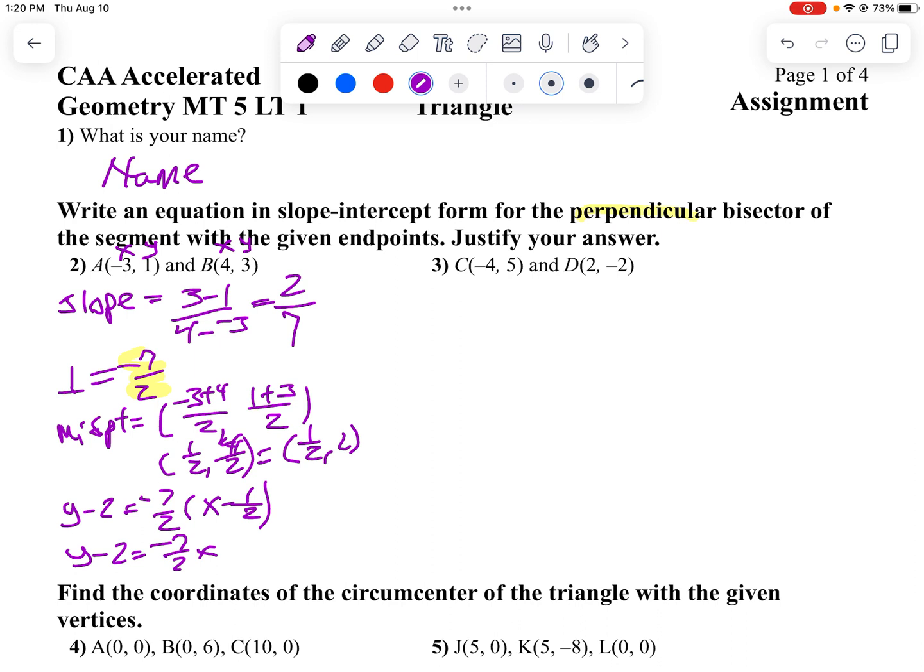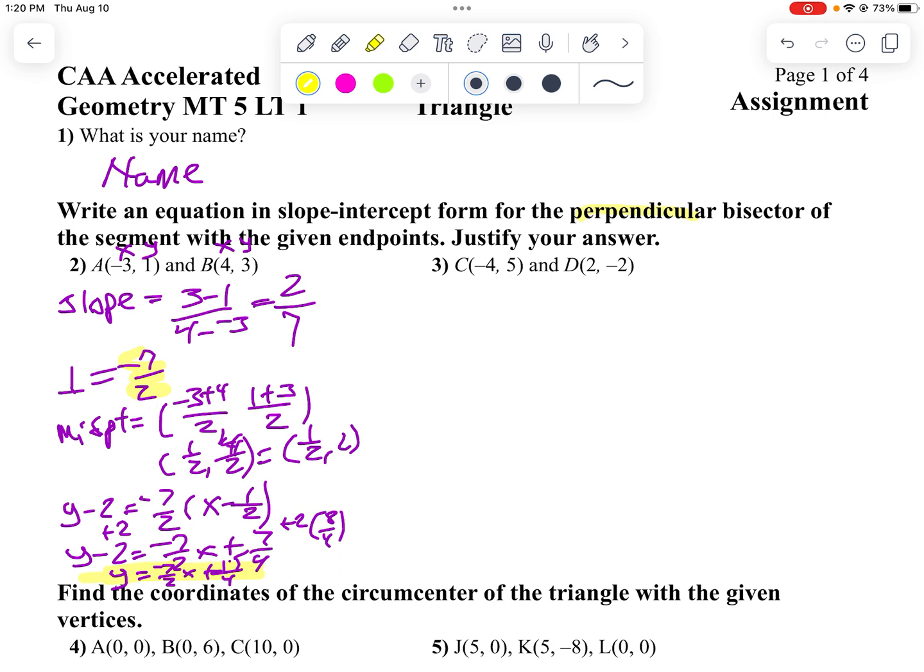A negative times a negative is a positive, so I'll say plus 7 over 4. And then what I'll do is I'll add 2 to both sides. So I'll get y equals negative 7 over 2x plus, let me see, 2 would be 8 over 4. So 7 plus 8 is 15 over 4. And there is our answer.